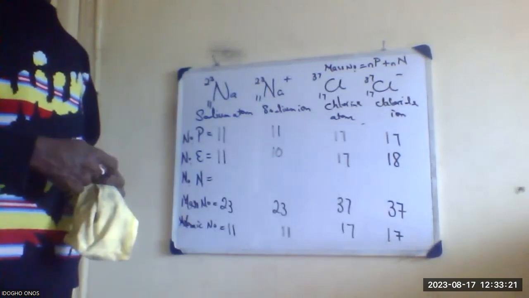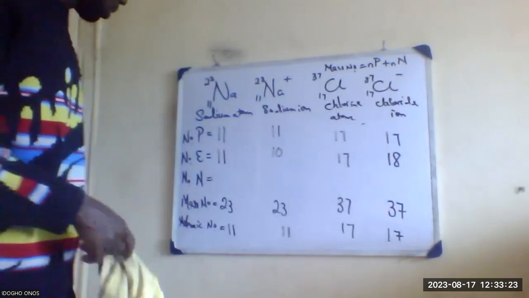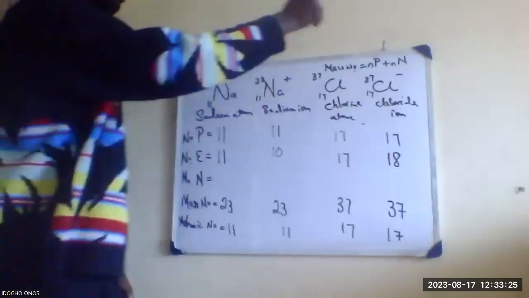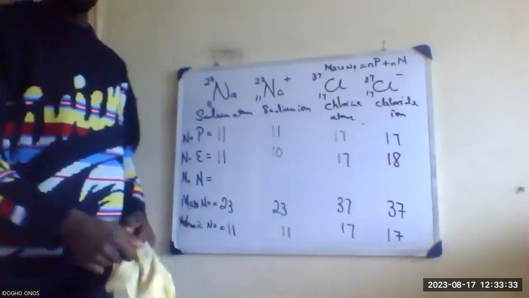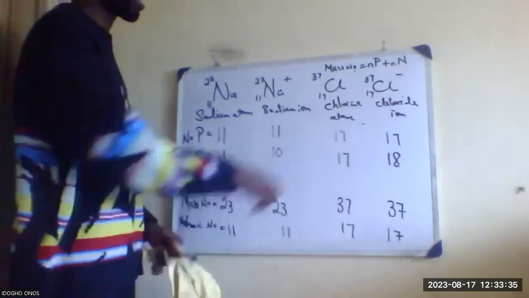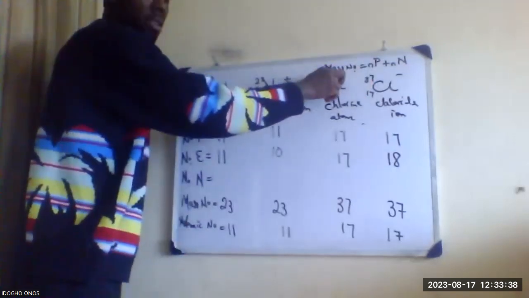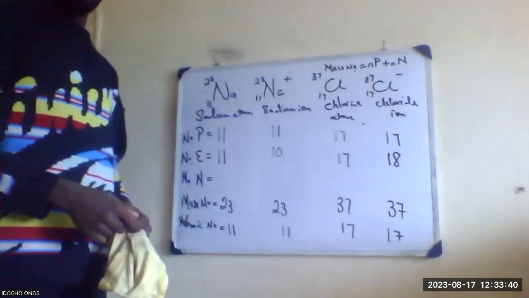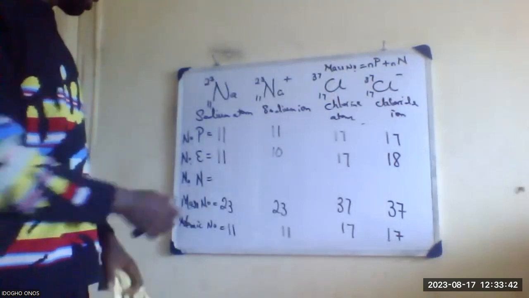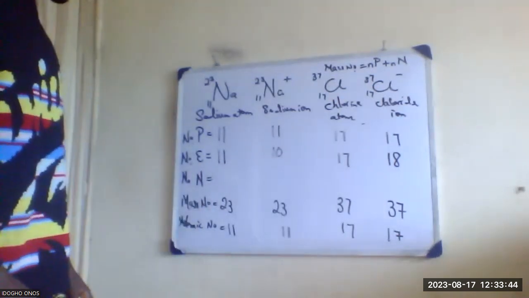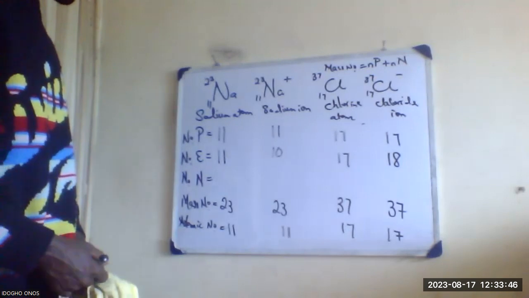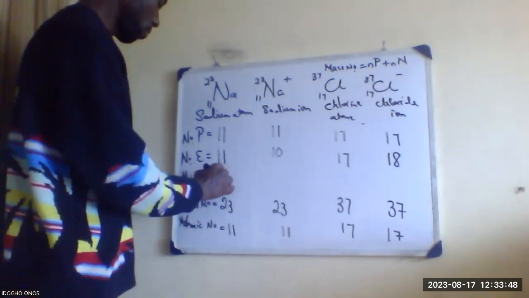Now for number of neutrons, remember we said mass number is equal to number of protons plus number of neutrons. So if I want to get my number of neutrons, I will simply subtract number of protons from mass number. Here we take away 11 from 23, and that will give us 12.